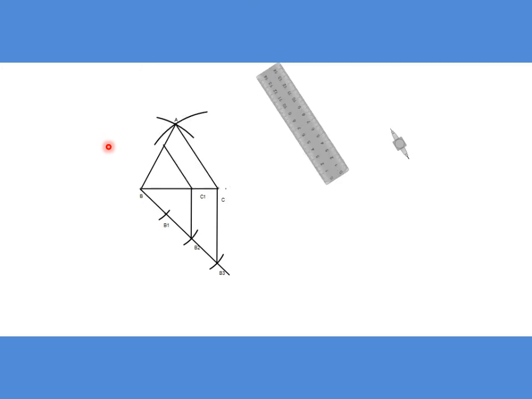So we mark this point as A1. Yes, this A1BC1 is a similar triangle to the given triangle ABC.